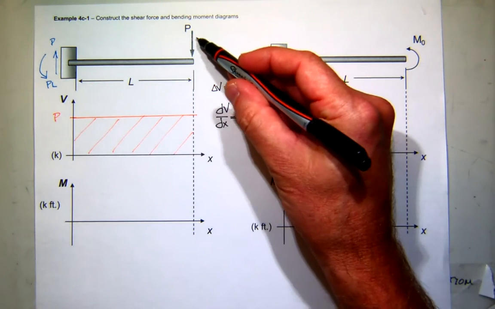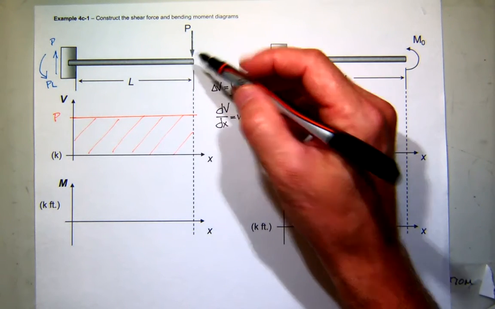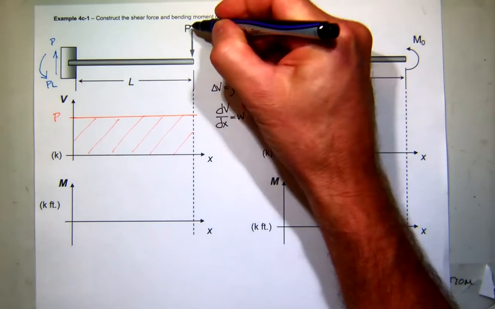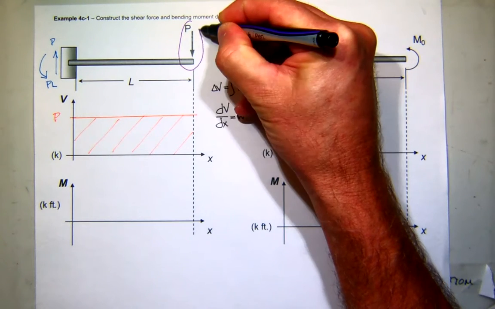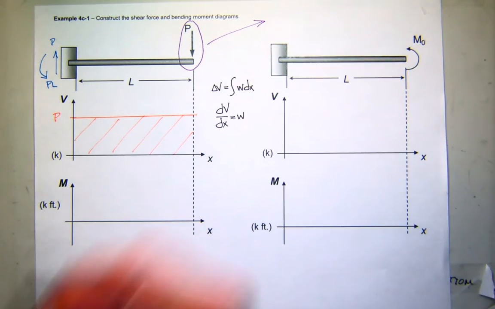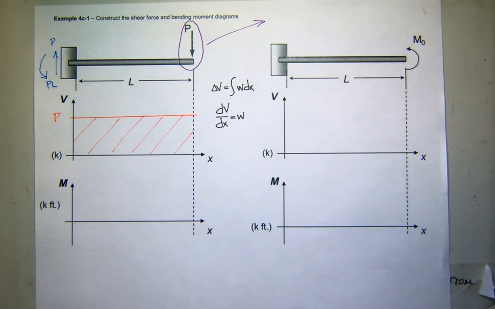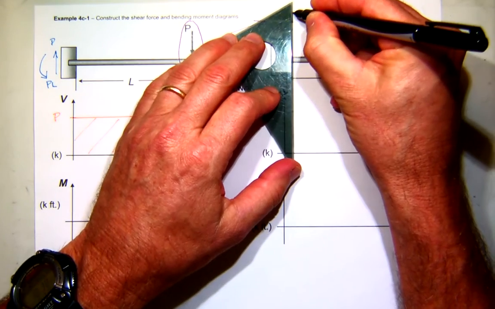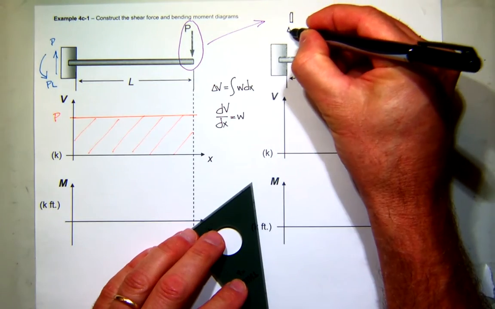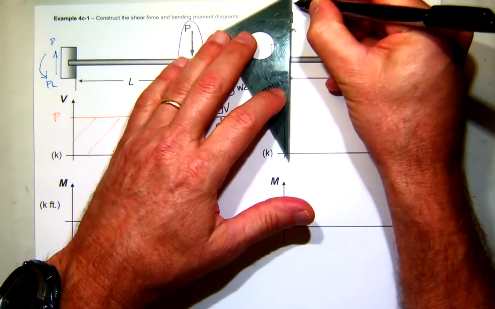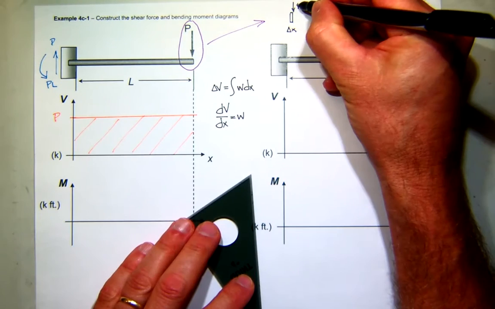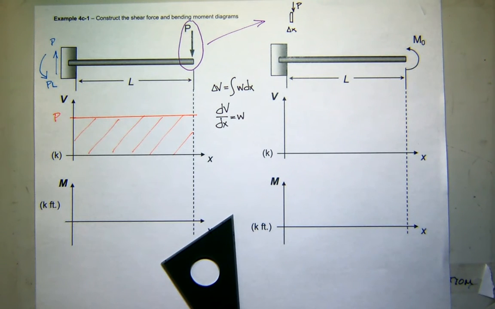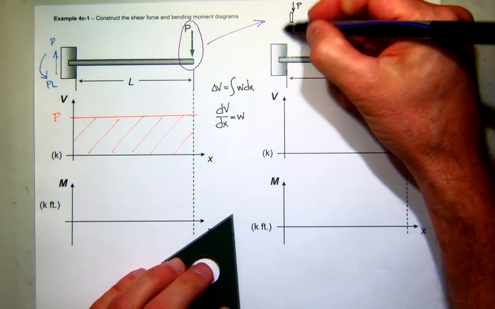What happens right here by this load P? We kind of talked about that before, but if I look at just this little piece, let's go over here real quick and look at a little free body diagram of that, just so you'll see it. So I've got a little chunk of the beam. We'll make it really small. And on the right edge, we have that load P applied. And on the left side, what's positive shear on the left side? Up or down?